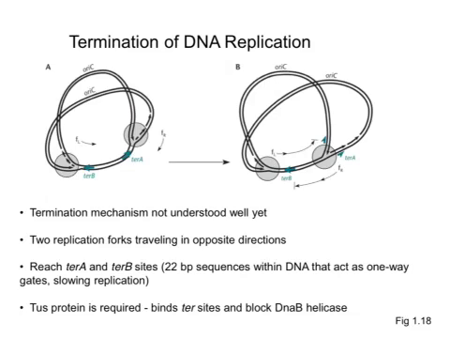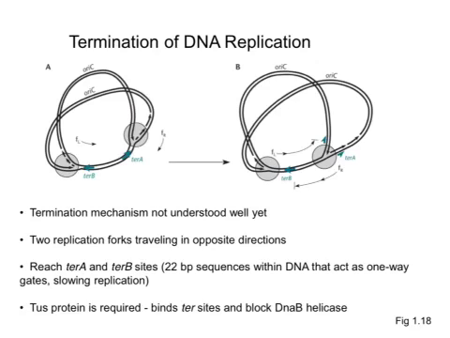Termination of replication requires sites called TER sites, TER A, TER B, and not shown here, but probably also another site in E. coli at least called TER C, and a protein called Tus. The Tus protein binds to the TER sites and it blocks DnaB helicase, which of course is part of the replication complex at the fork, so that blocks further replication.